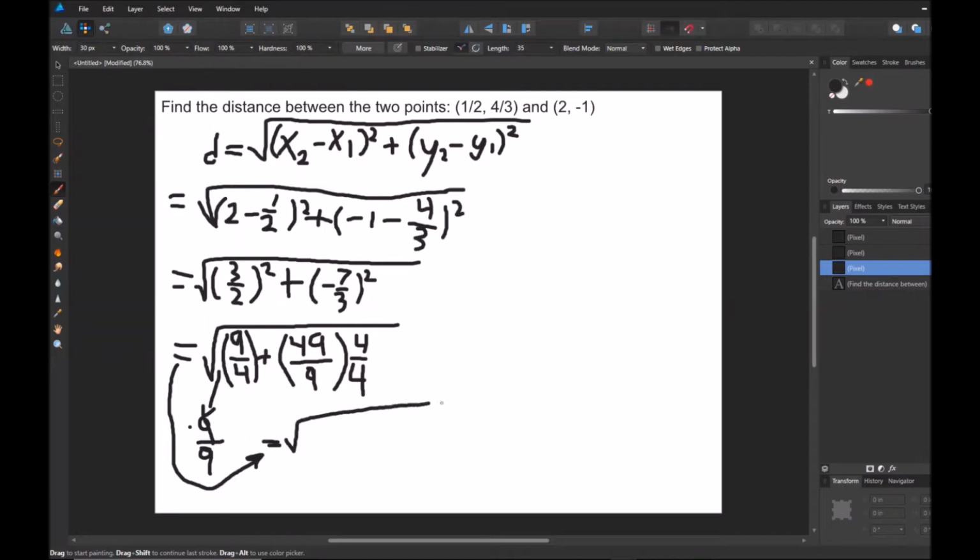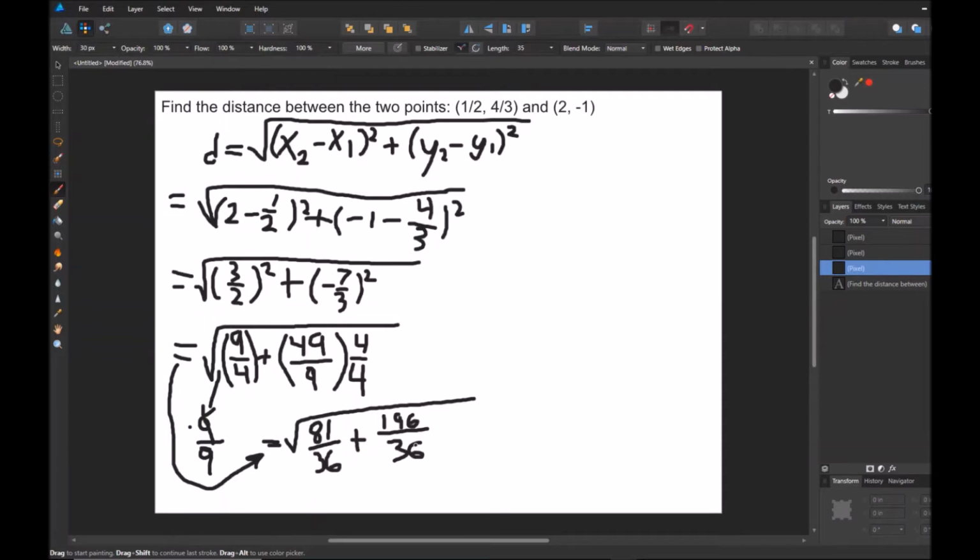The square root of 9 times 9 is 81. And then 4 times 9 is 36. Plus 49 times 4, I'm going to use my calculator for that because I can't do that in my head, is 196. And then 4 times 9 is 36.